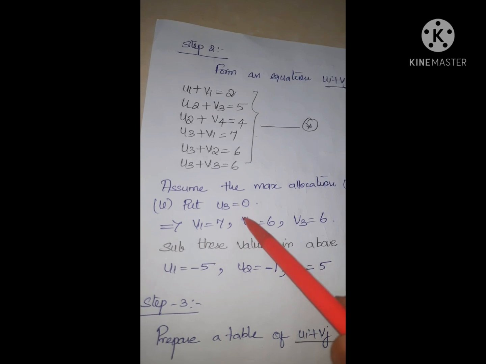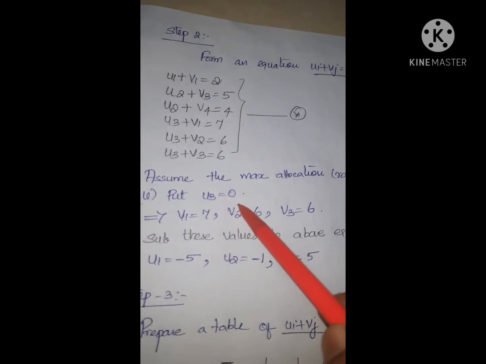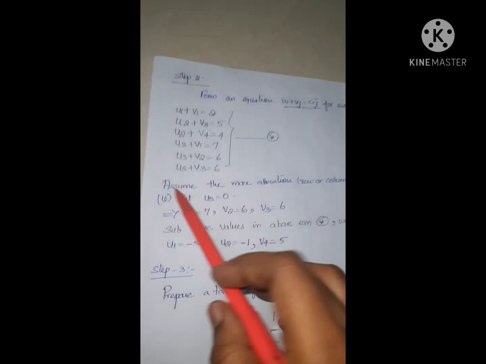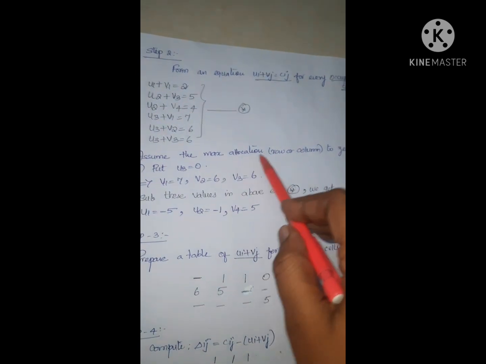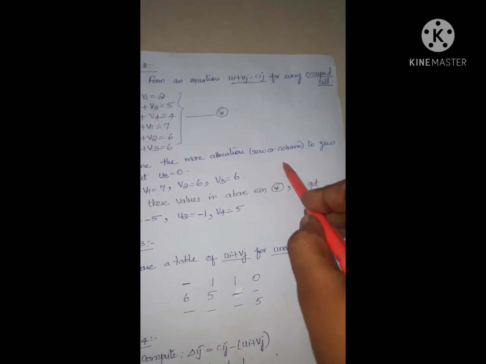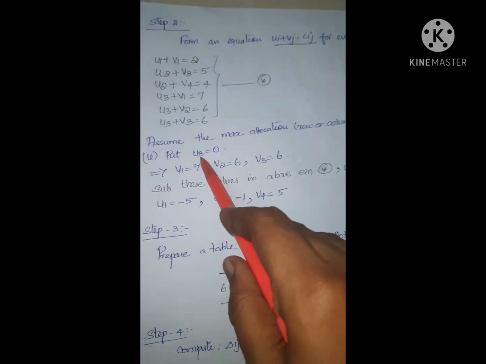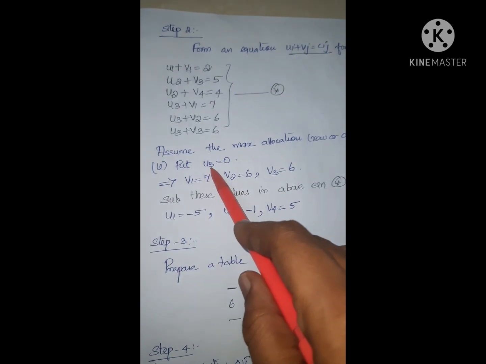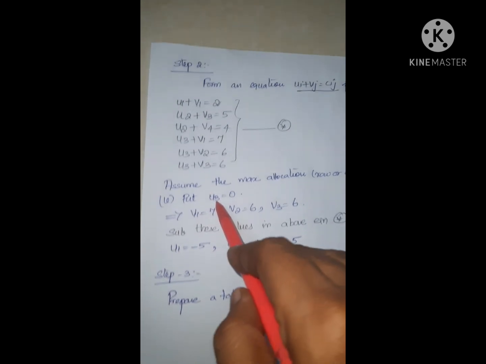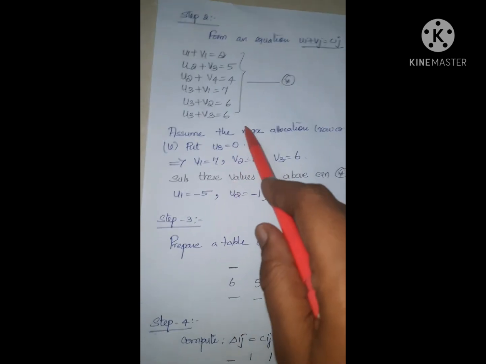So the moment we assume u3 as 0, what do we say? Assume the maximum allocation either from a row or a column to 0. In our problem, the third row has got 3 allocations, that is the maximum number of allotments. Therefore, we put u3 equal to 0.